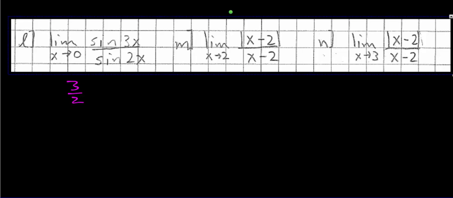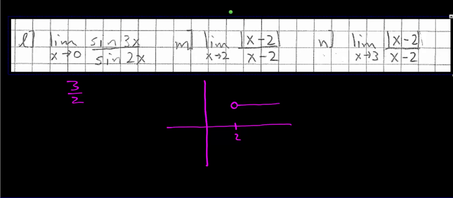Now, this one here, the limit of the absolute value of x minus 2 over x minus 2. Well, if you think about what that looks like, right here is 2. If you choose any value of x bigger than 2, you get 1, because the top and the bottom are exactly the same value.